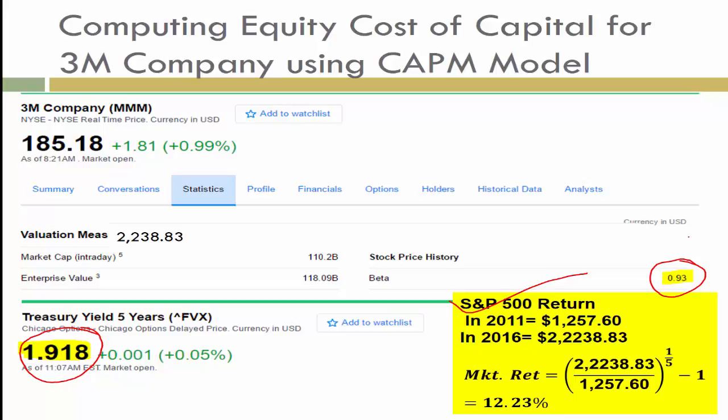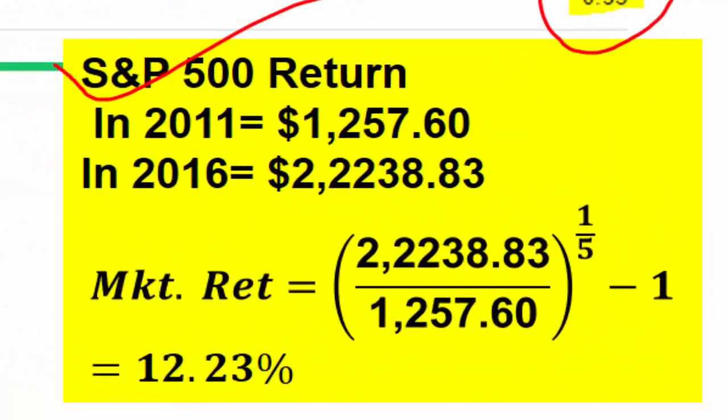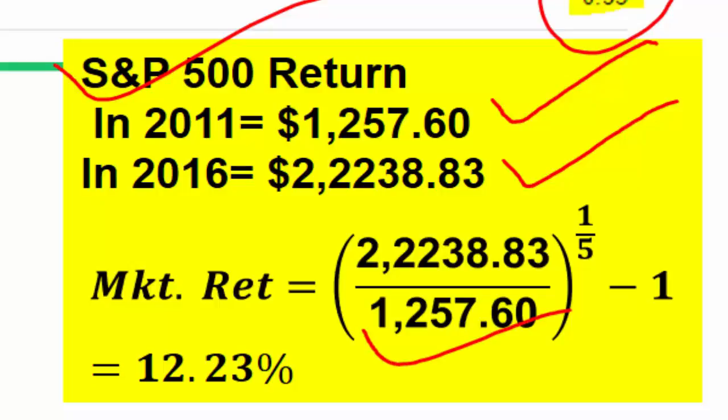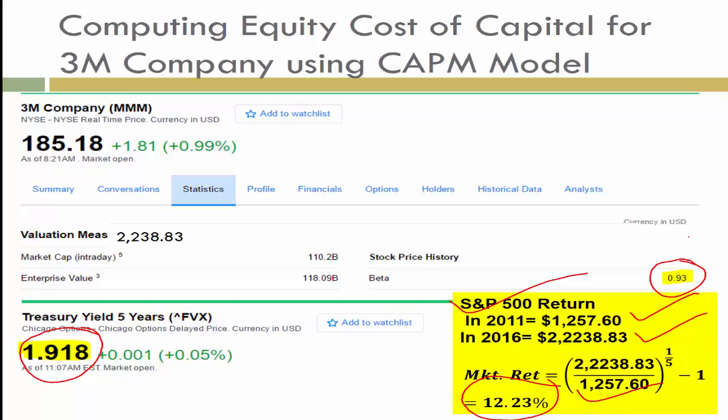So I have here the S&P 500 index value in 2011 and the S&P 500 index value in 2016. If you have those indices for the 2 years, then we can compute the market return as we did for dividend growth, and now the market return is 12.23%. Now we have everything we need.